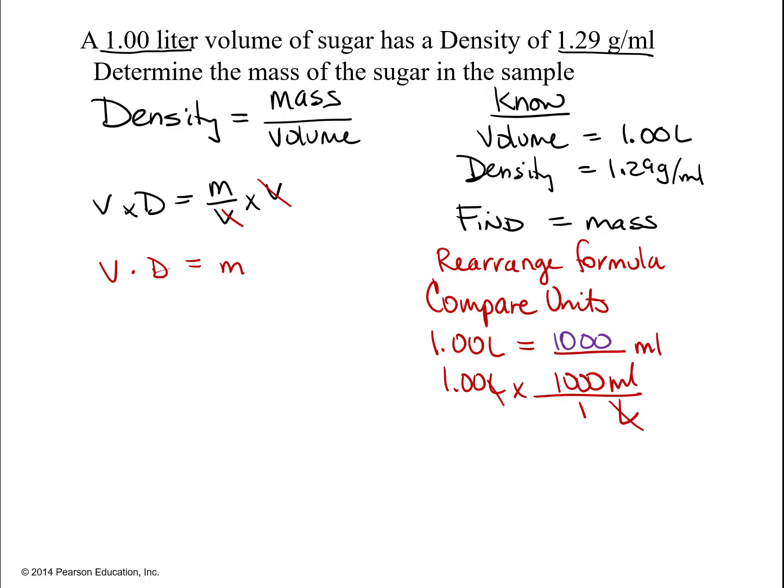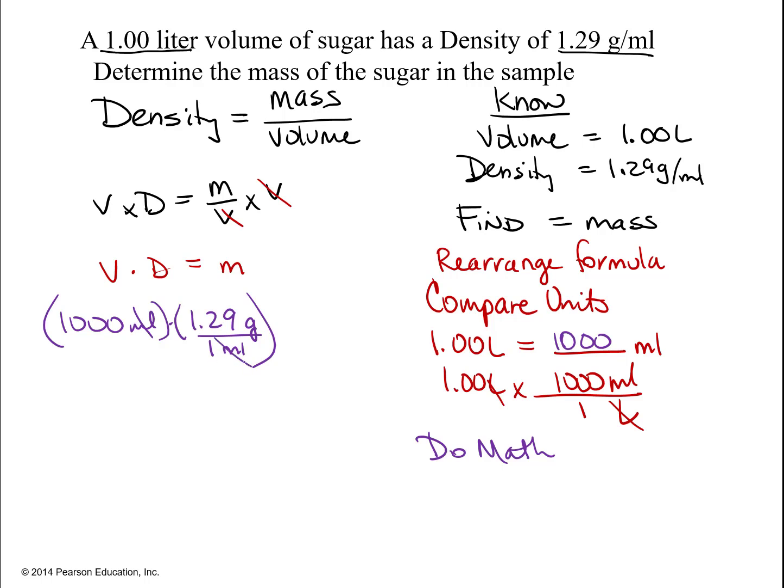So now just do the math. Volume, we said, is 1,000 milliliters times density, which is 1.29 grams per mil. You see that 1.29 grams per mil would be like 1.29 grams over 1 mil, so milliliters in the denominator, which is then going to let these cancel.